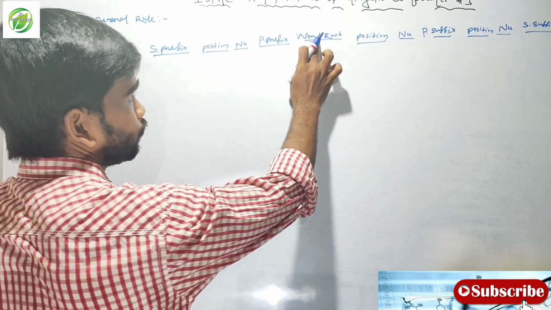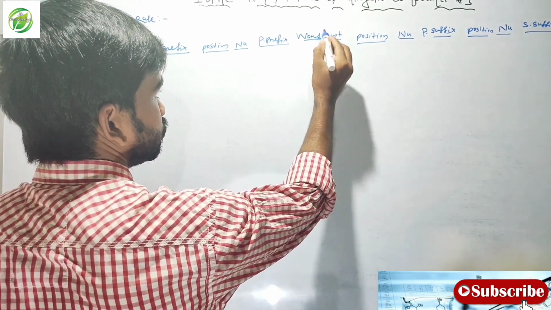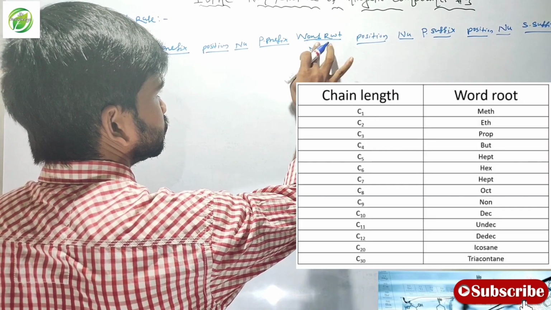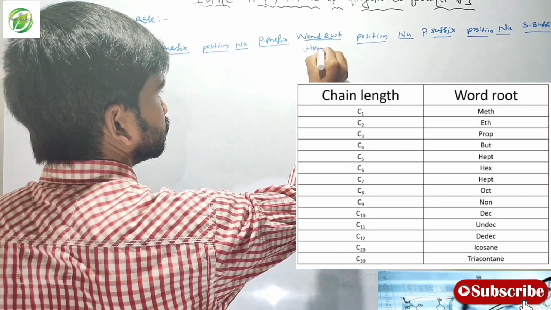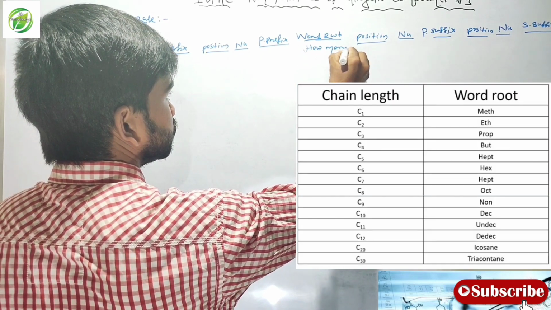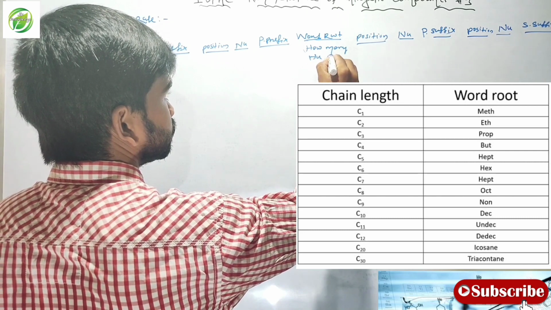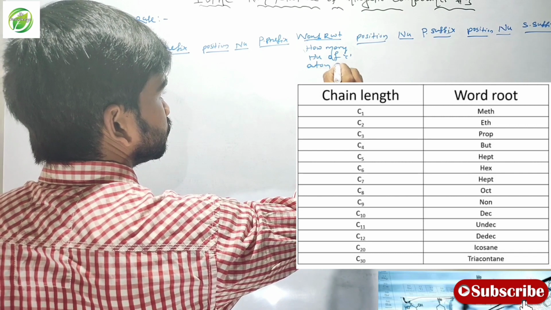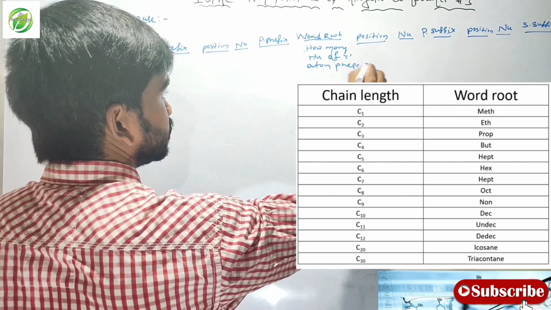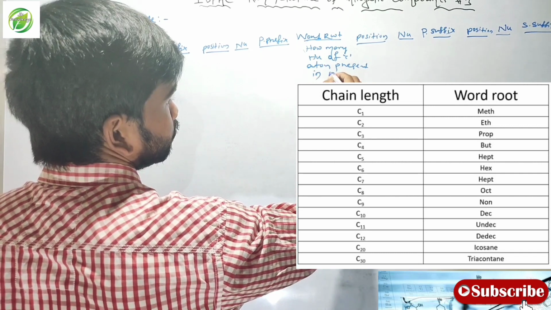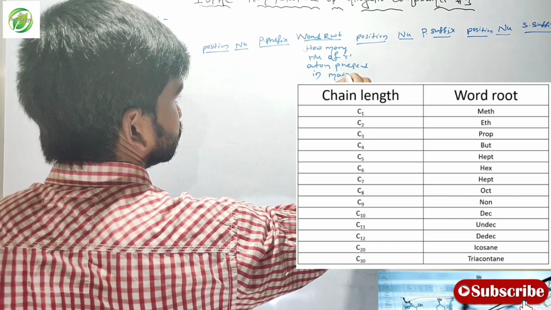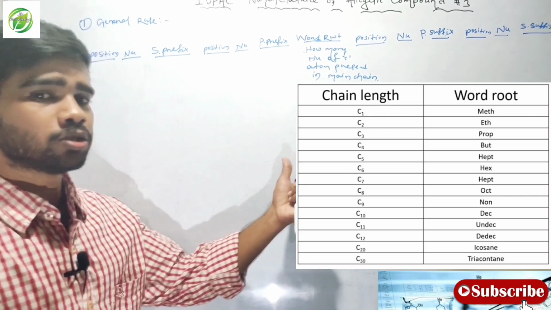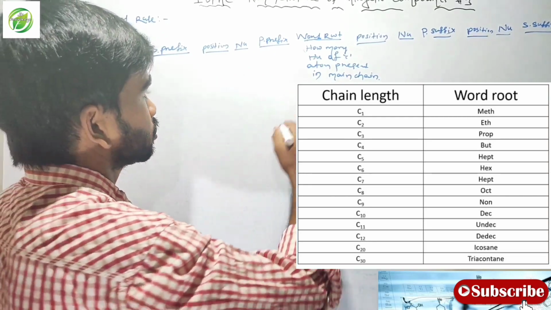Friends, in the case of word root, we use the number of carbon atoms present in the main carbon chain. We already discussed this in our previous lectures.